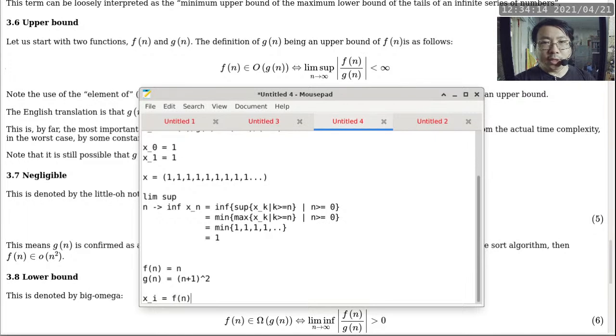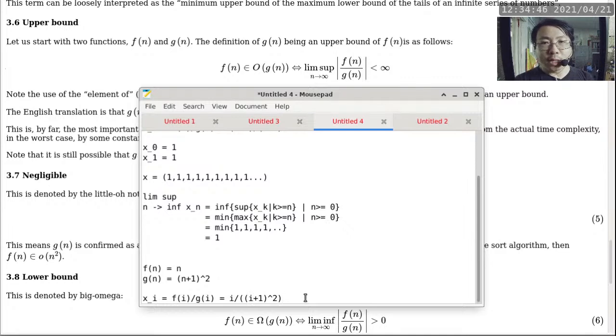So this is f of n divided by g of n. That turns out to be basically n divided by n plus 1, where the denominator has its own square. Okay, this is how we are defining x of I. I keep using n, but I really should be using I here because I is the index into the sequence. So I should be used in all of these places.